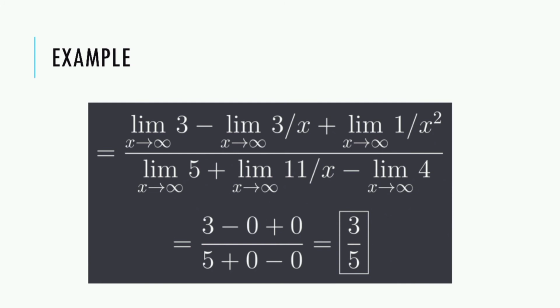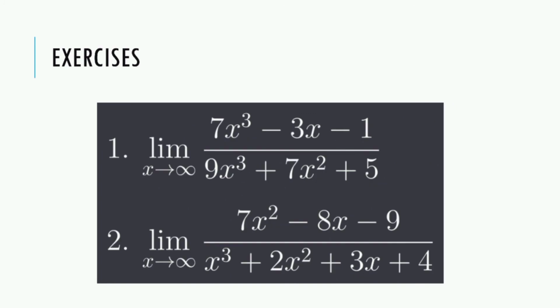Using again the concept of limits at infinity, all the terms with an x in the denominator will have a limit of 0. Simplifying all will give us 3 minus 0 plus 0 all over 5 plus 0 minus 0, which is equal to 3 over 5, or 3/5. So now let's have these exercises.